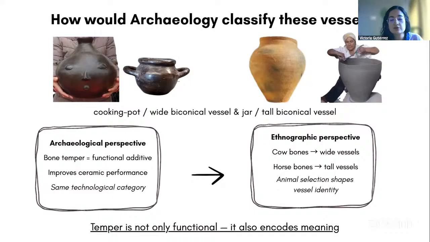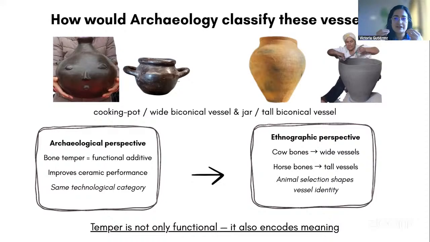However, the ethnographic information introduces another layer of meaning. According to local knowledge, according to the information that the potters were able to give us, the wide vessels should contain cow bone, so they are correctly shaped, while the taller vessels should contain horse bone.